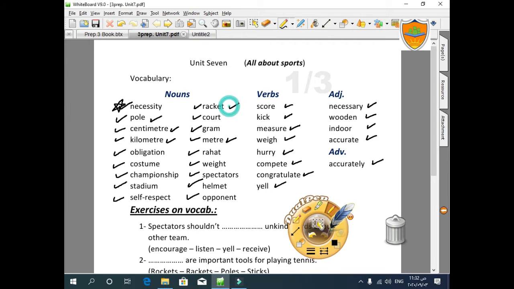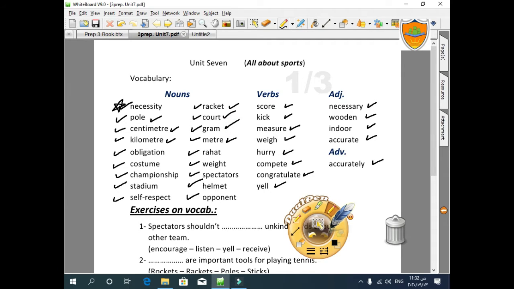Let's go to racket, which is a tool used to play tennis and some other sports. Court, an area, especially in a stadium, to play sports inside it.